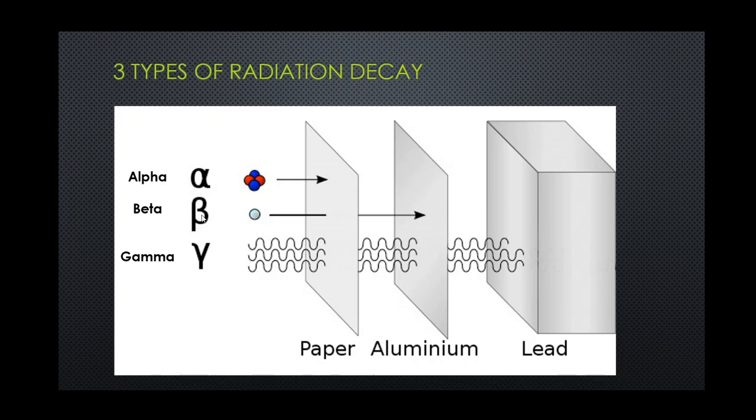Beta waves can go through paper or skin and are blocked by aluminum. And then the worst one is gamma, and those go all the way through paper and aluminum, and they are the most dangerous, but they are blocked by lead, and that's why you have to use a lead cover when you take x-rays, because they are trying to protect you from the gamma rays.